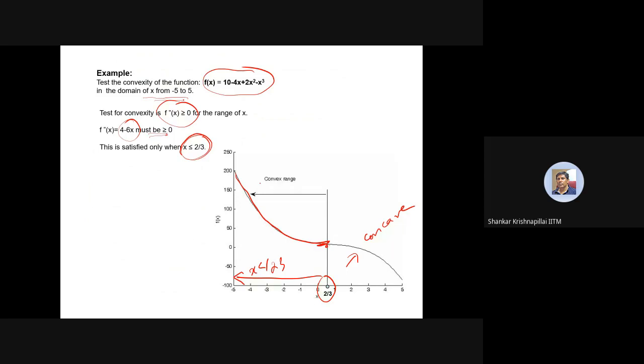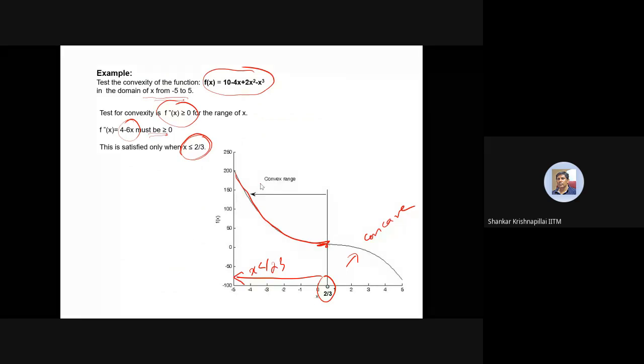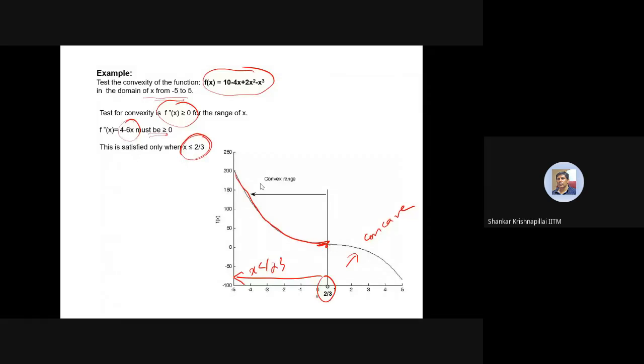Then you can see how the convex part looks like. So this has only one minima.